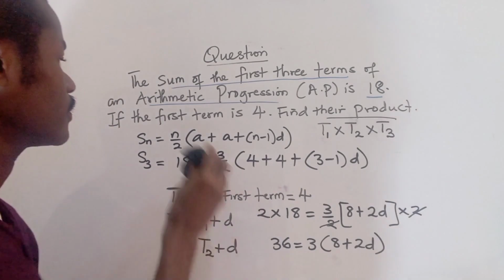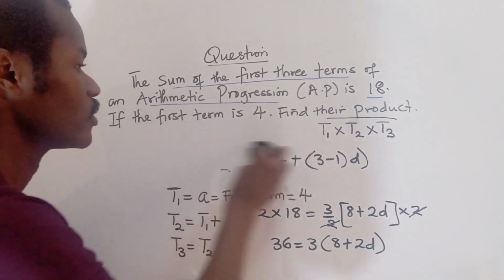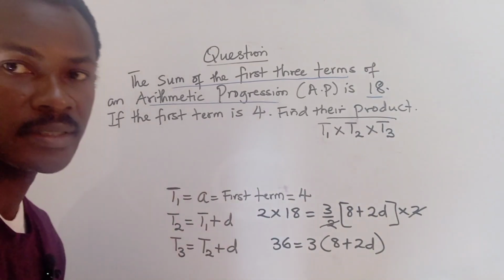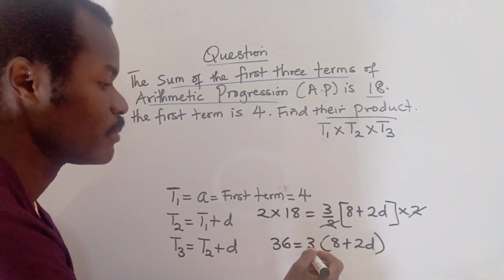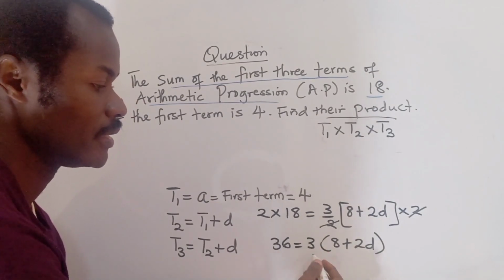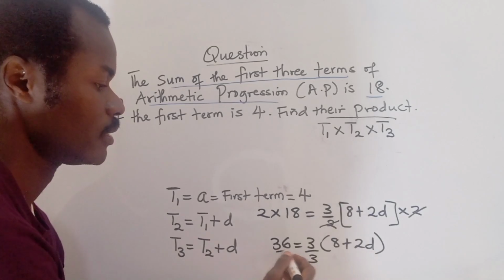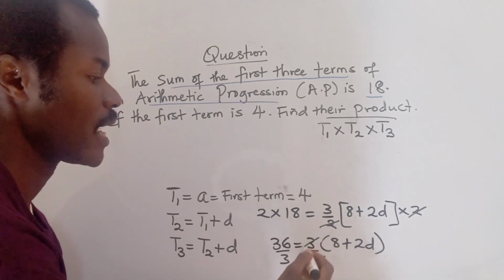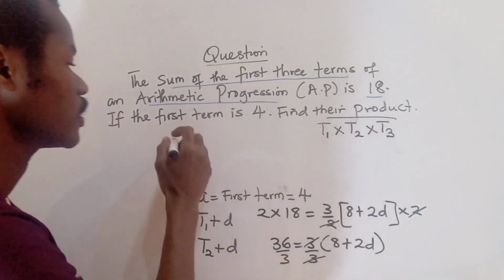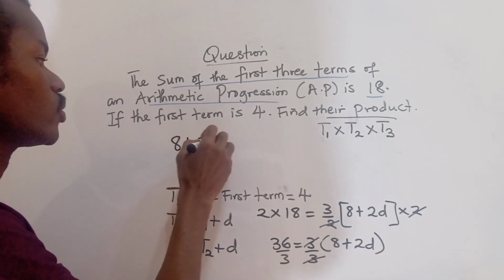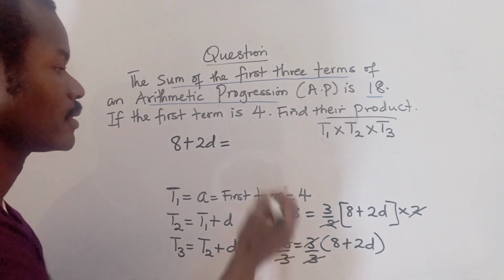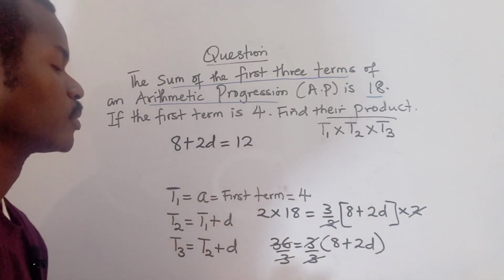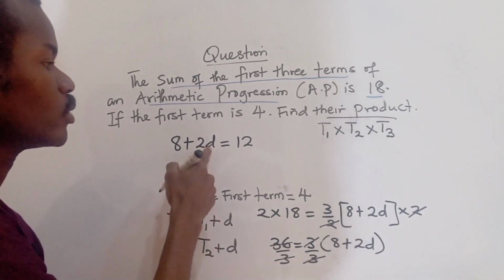Now from all that, we have to solve for the value of d. All I need to do is divide both sides by 3 to eliminate this. So we are left with 8 plus 2d, which is equal to 36 divided by 3, which is 12.